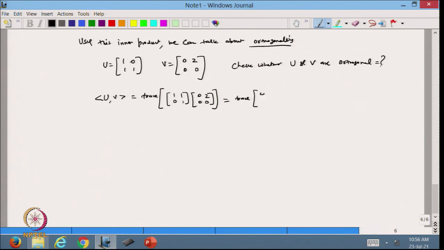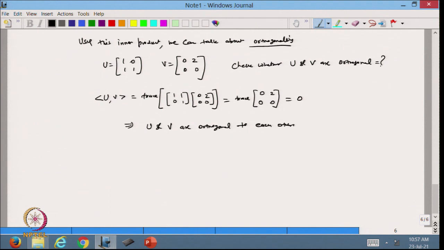I am taking this value with this 0, this value with this is 0, this value I am taking with 2, and this value with 0. So its trace will be 0. So from here I can say that the inner product in this case is 0, which implies that the matrices U and V are orthogonal to each other.